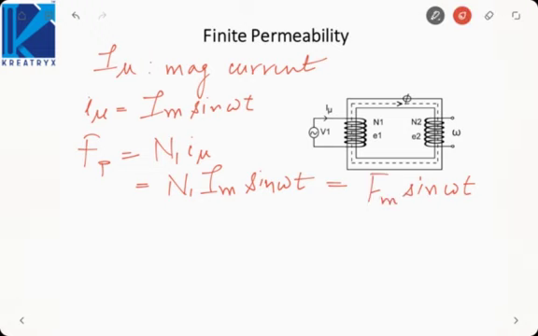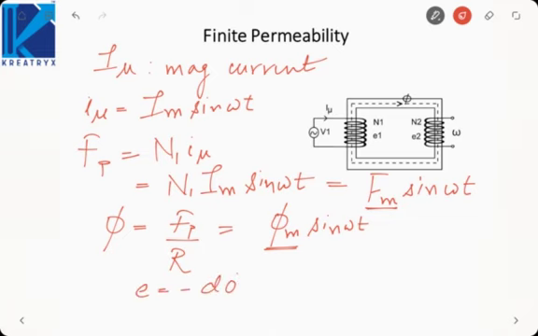Now we can find flux as MMF by reluctance, so it will be phi m sin omega t. Phi m is the maximum value of flux inside the core. Now to find the EMF induced, we can use Lenz's law.